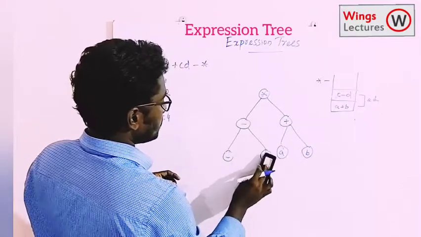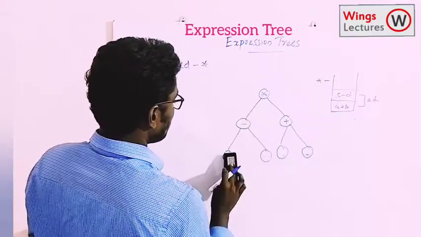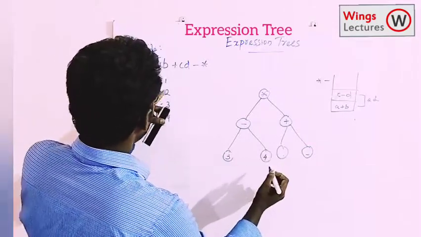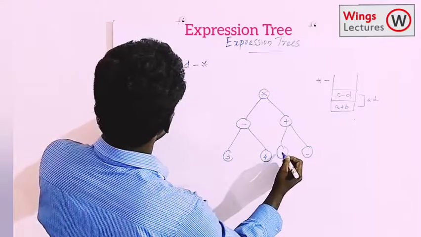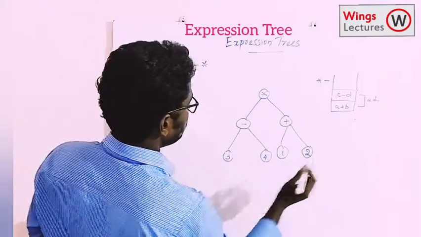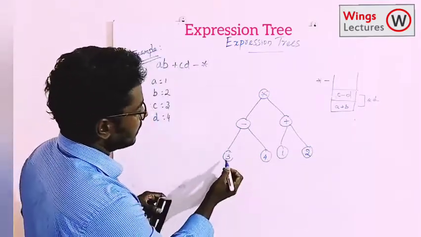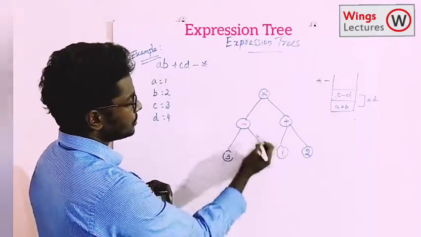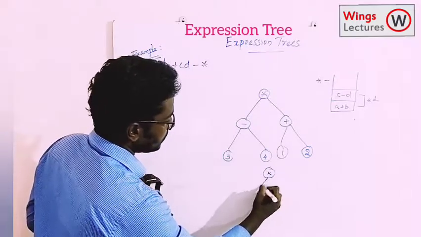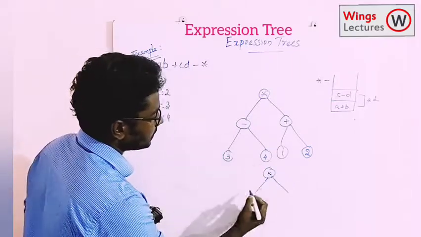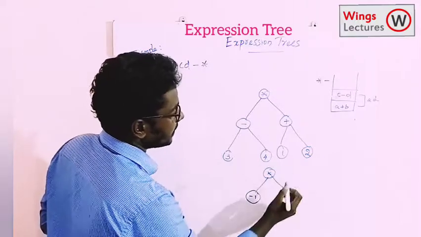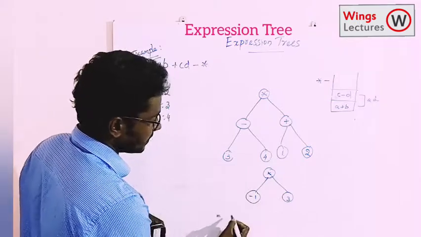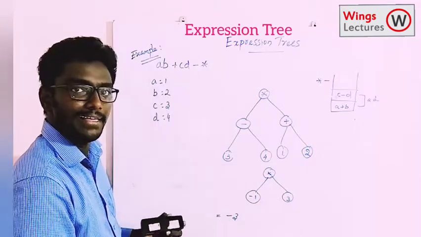C is 3, D is 4, A is 1, B is 2. So we are going to perform C minus D, and the operations get simplified: we get minus 1, and then here 1 plus 2 is 3. When we multiply this, we will get the value minus 3 as the answer.